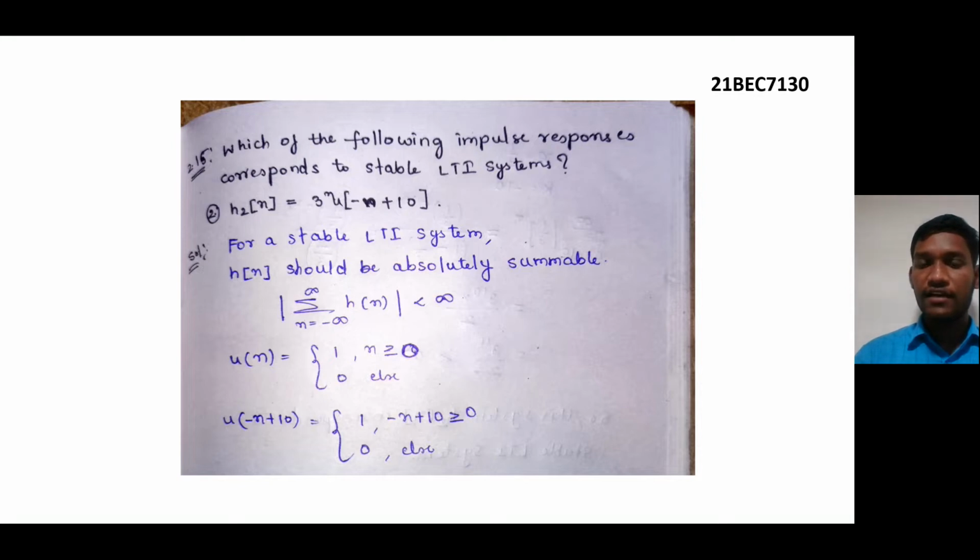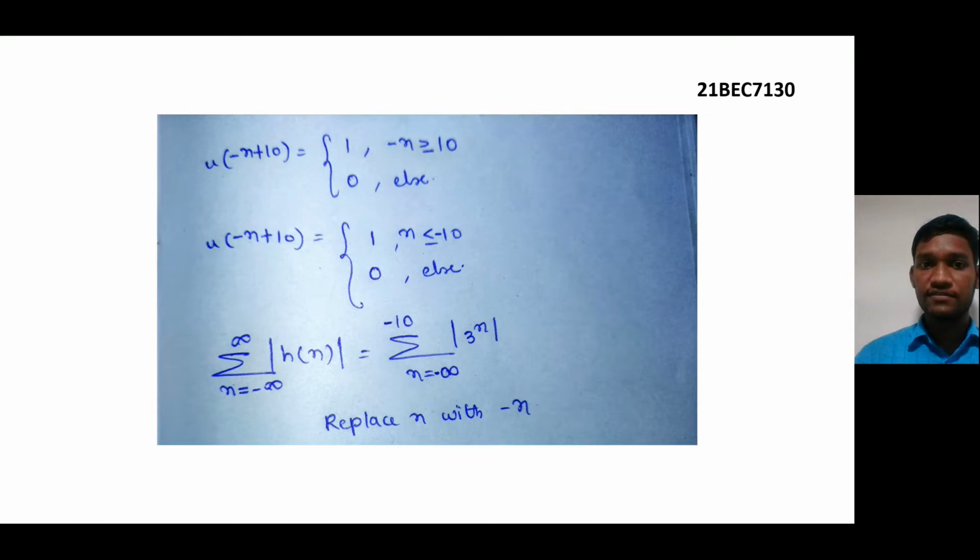Now multiplying with minus 1 on both sides gives us n should always be less than or equal to 10. That means the limits of n is from minus infinity to 10.